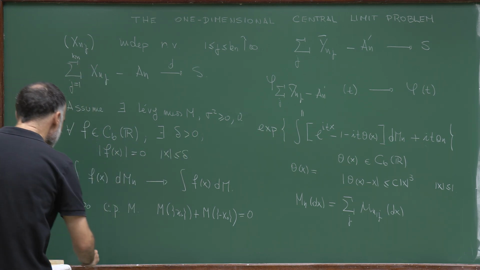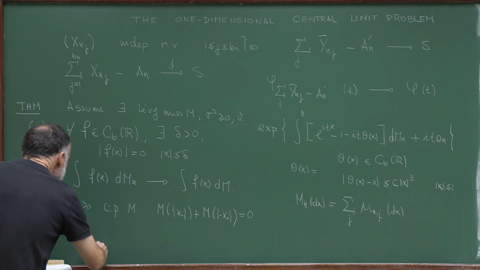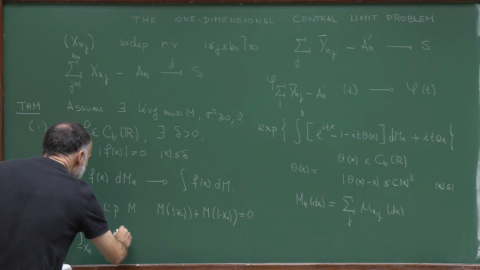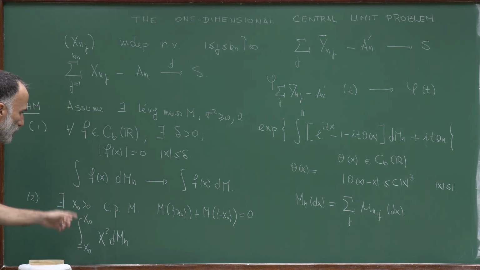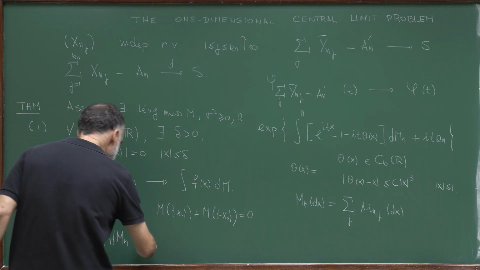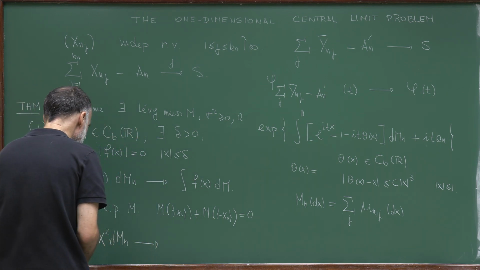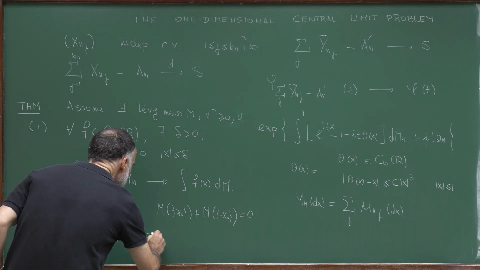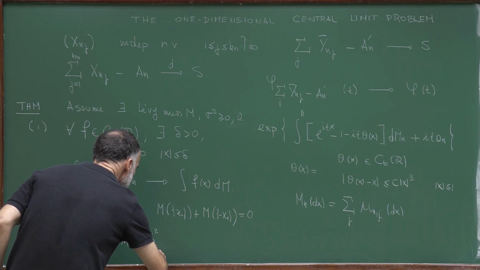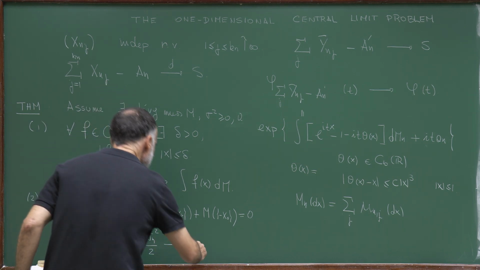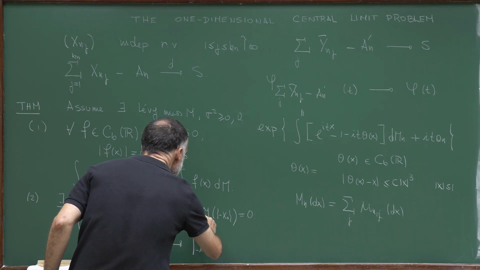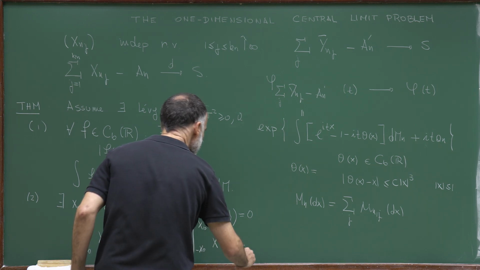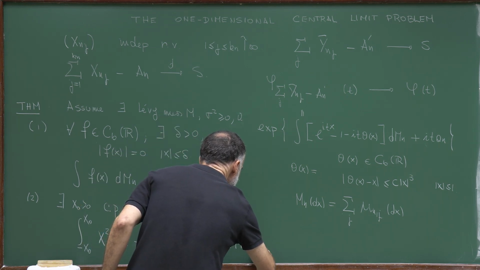And we require that the integral from minus x_0 up to x_0 of x squared dM_n, which is well defined because M_n is a Levy measure, plus sigma_n squared divided by 2, converges to the integral from minus x_0 up to x_0 of x squared dM plus sigma squared divided by 2.